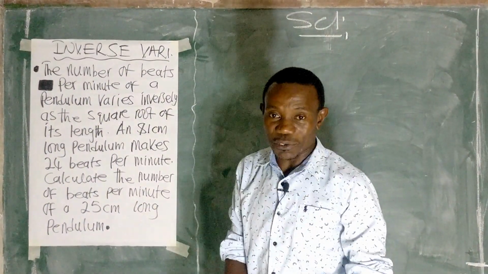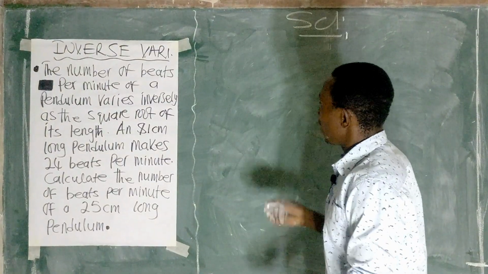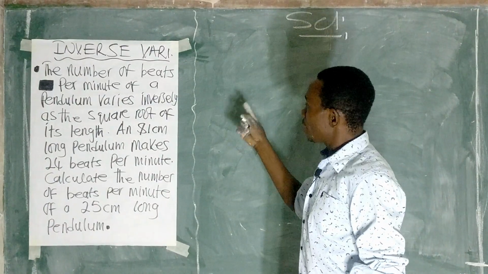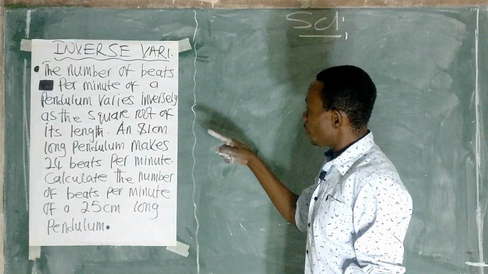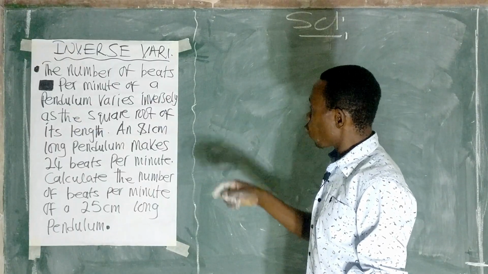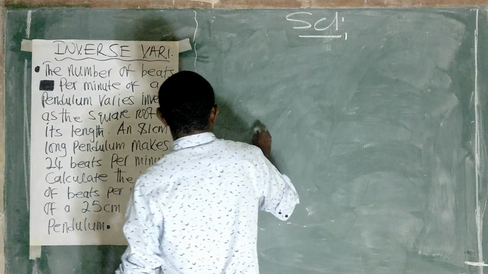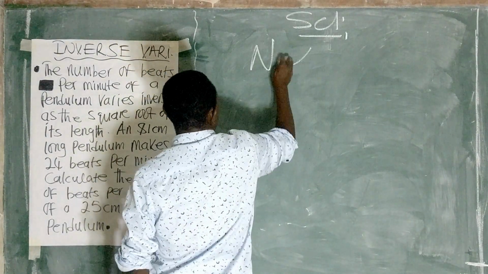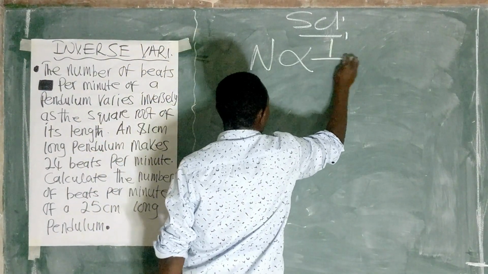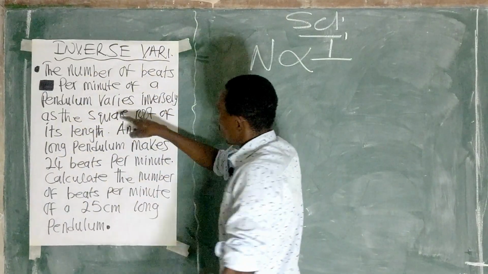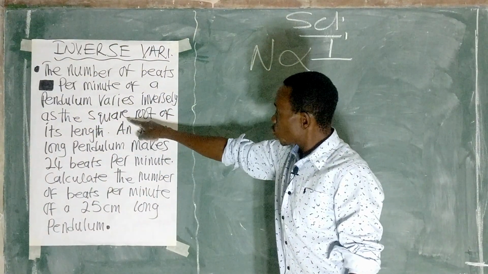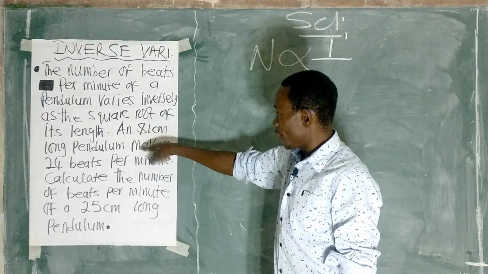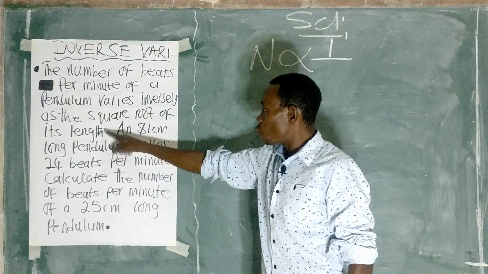By what I've just introduced, when we say the number of beats of a pendulum varies inversely as the square root of its length, the statement will come something like this. Number of beats varies inversely, it means 1 over what? Here we are told about the nature of the length: it should be the square root of the length.